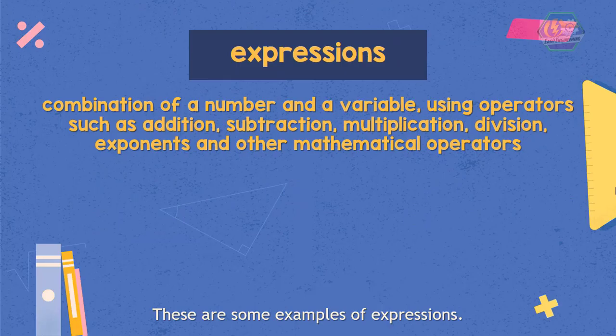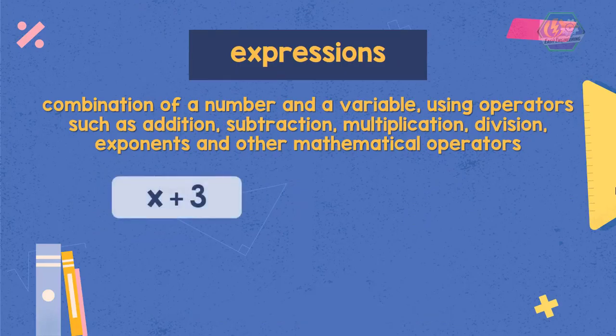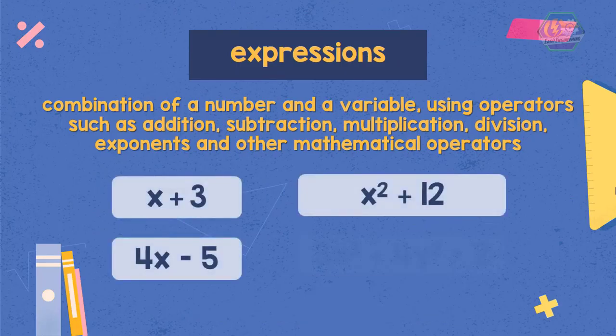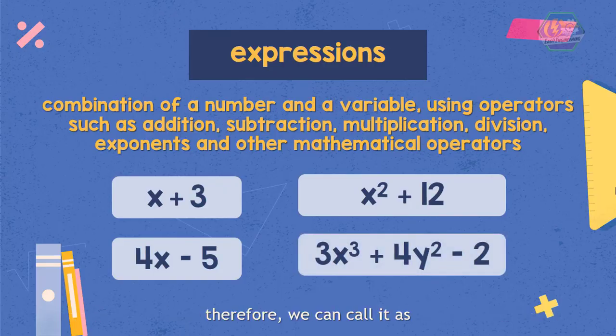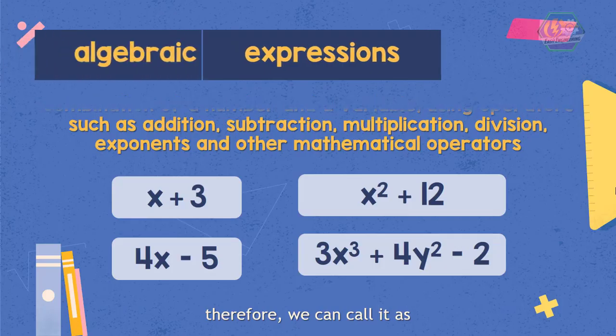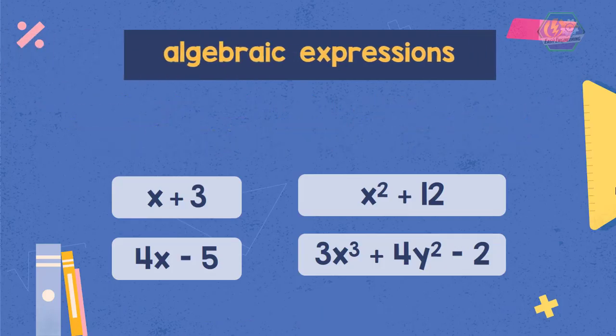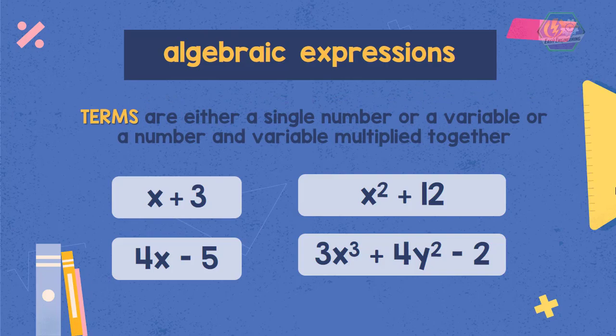These are some examples of expression. And because these terms have a variable and a number combined, therefore we can call it an algebraic expression. In algebra, terms are either a single number or a variable, or a number and variable multiplied together.